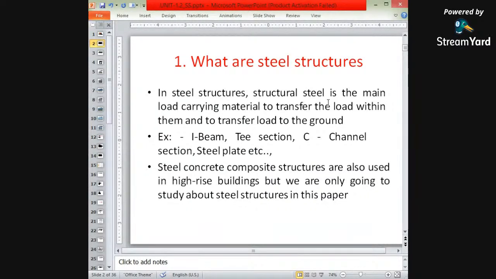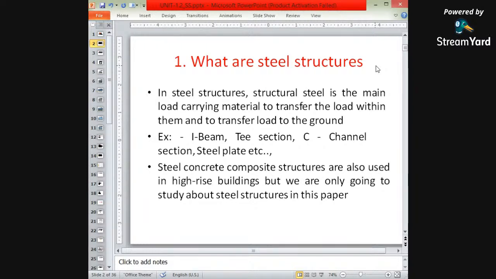The same way, the load calculations and the transfer of loads are taken care of in steel structures. The load will be transferred from top to bottom, to the beams, to the columns, and finally from the columns to the ground, that is, the foundations.